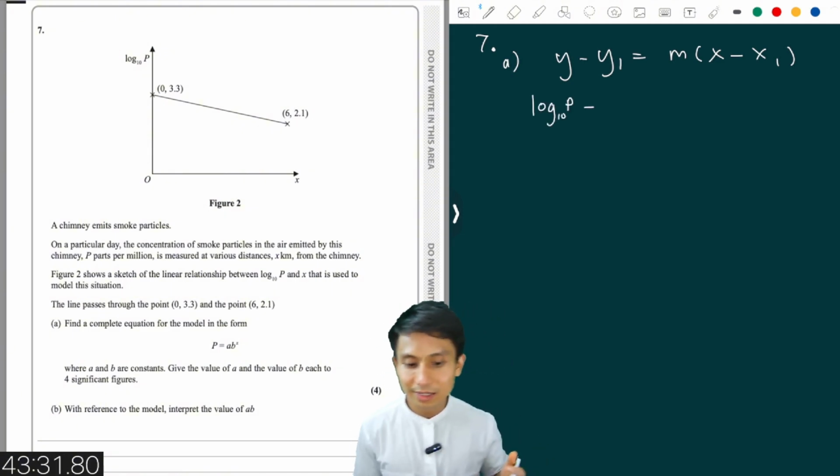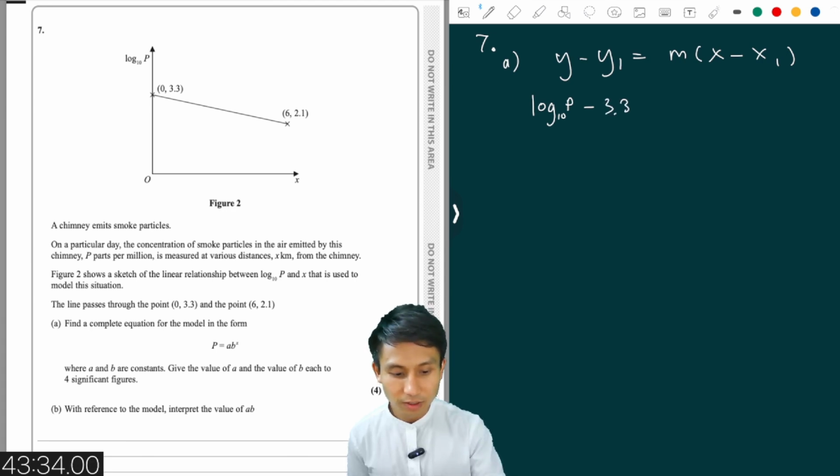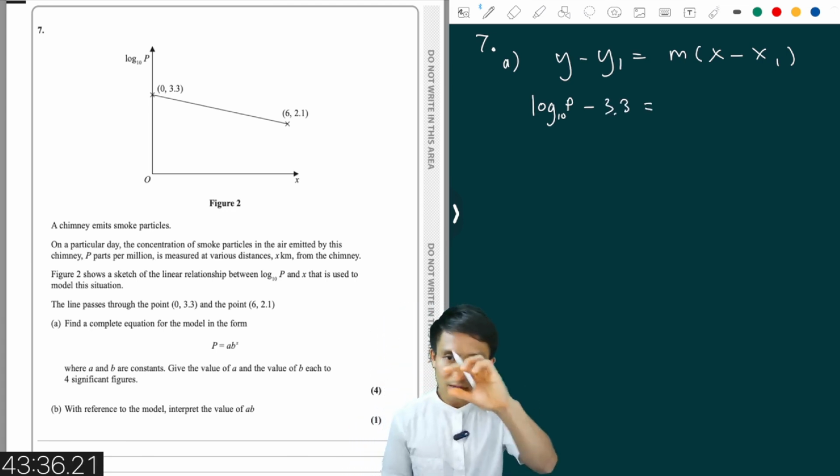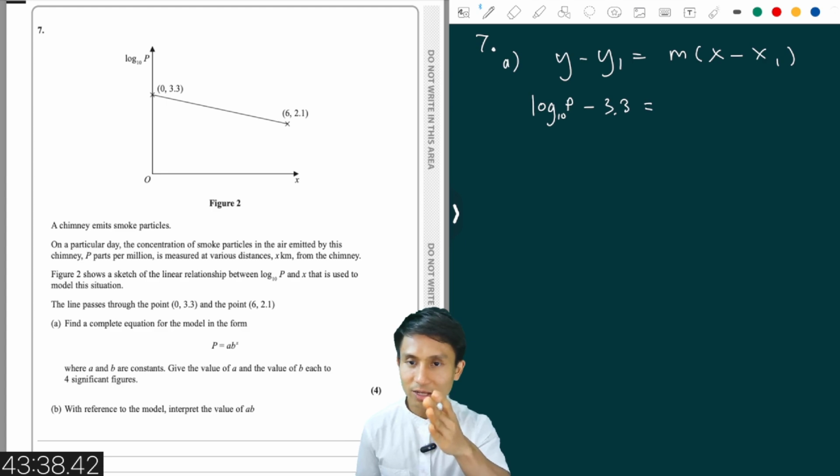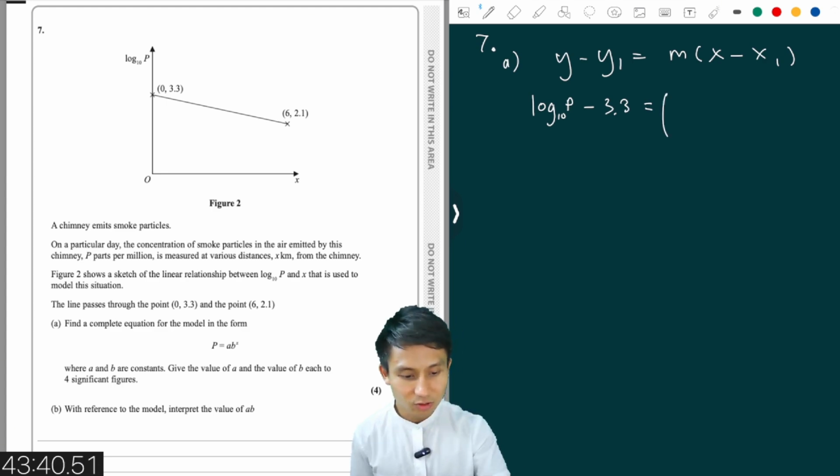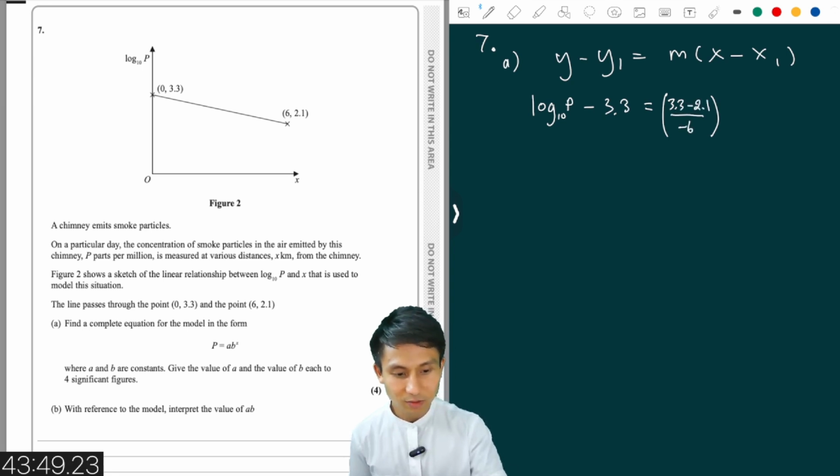Let's pick y1 as 3.3. m would be the gradient between the two points, bearing in mind that this is a negative gradient. So that's 3.3 minus 2.1 divided by 6, but I put a negative in front here.